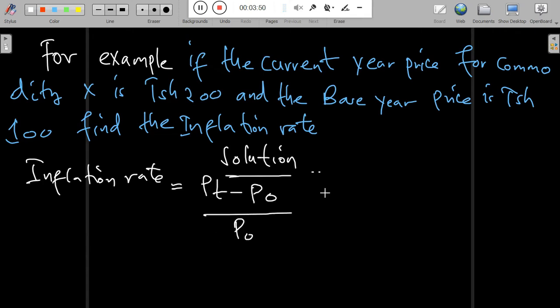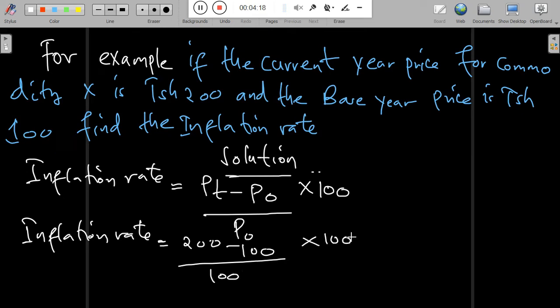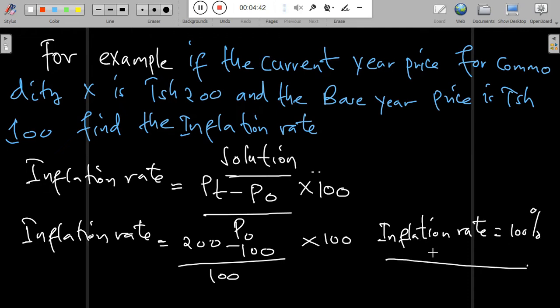The inflation rate is given by PT minus PO divided by PO times 100. So the inflation rate will be equal to the price of the current year, 200 Tanzania shillings, minus the price of the previous year, 100 Tanzania shillings, divided by the previous year price, 100, times 100. So the inflation rate will be equal to 100%. So that is how we solve.